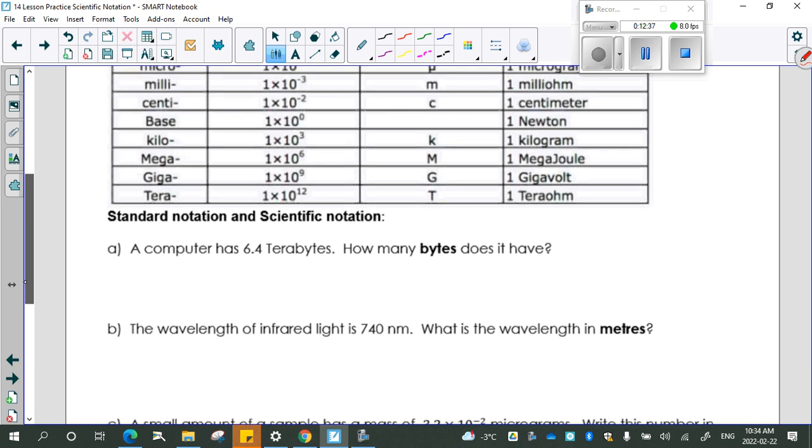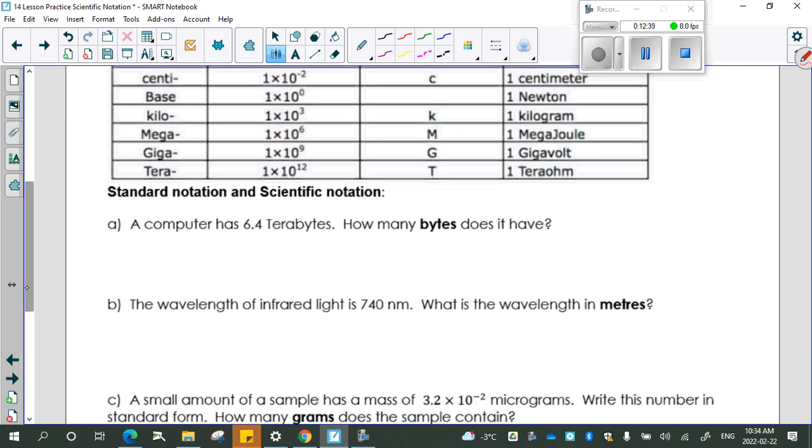All right, so standard notation and scientific notation. If a computer has 6.4 terabytes, so look at the tera and tera here, how many bytes does it have? Anyone know?